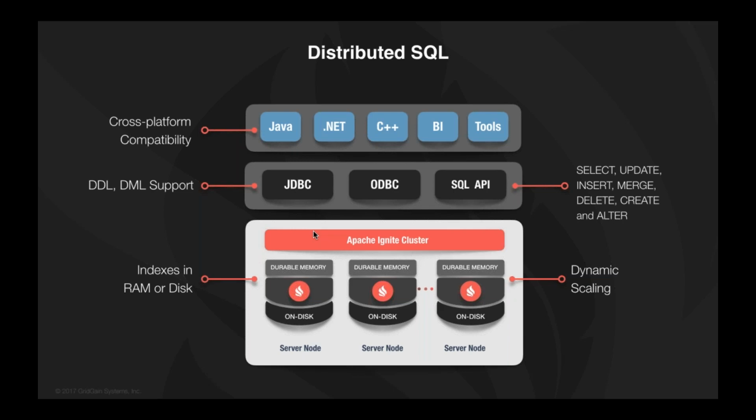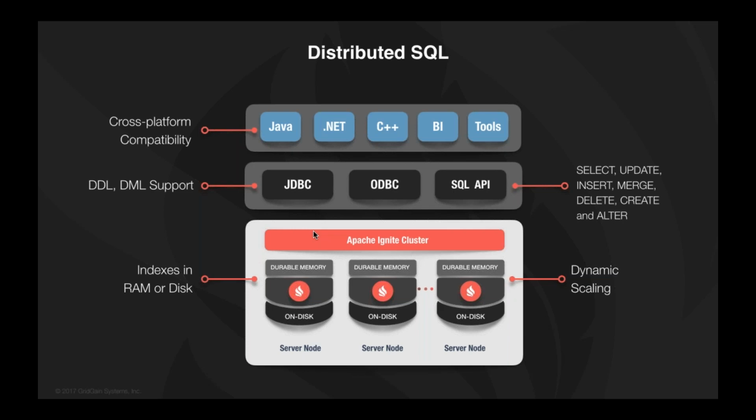And in addition to the data, all these machines store indexes. The indexes are maintained in a so-called B+ tree data structure. And on top of this cluster, you are able to execute SQL APIs and well-known SQL queries such as select, update, insert, delete.